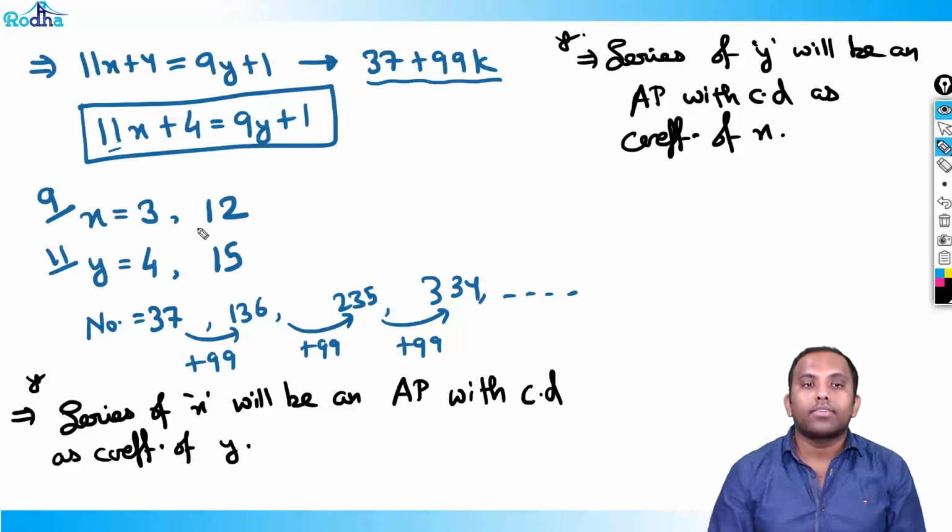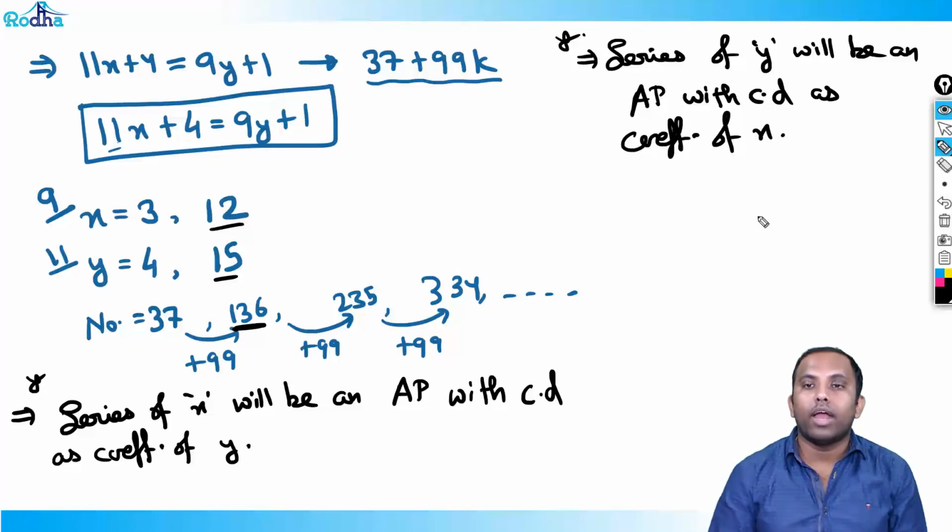Okay, so x is equal to 3 and 12, and by putting x equal to 12 you get y equal to 15. And what is the number you got? If you put x as 12, what is the number? Number will be 136. Correct, fine. Now next number, after 3, 12, you add further 9. Again further 9. It's an AP, right? So what is 12 plus 9? 21.